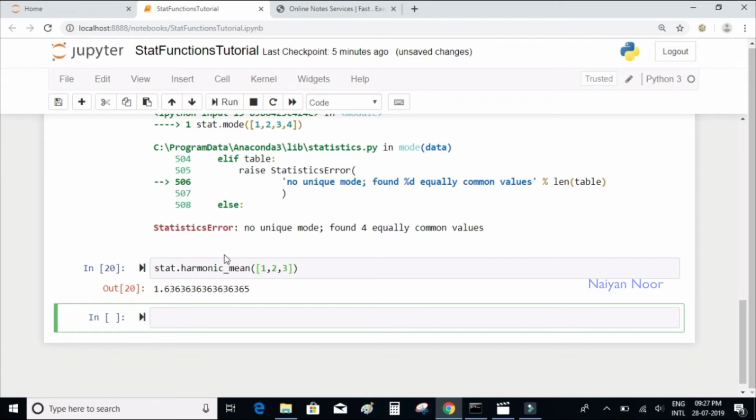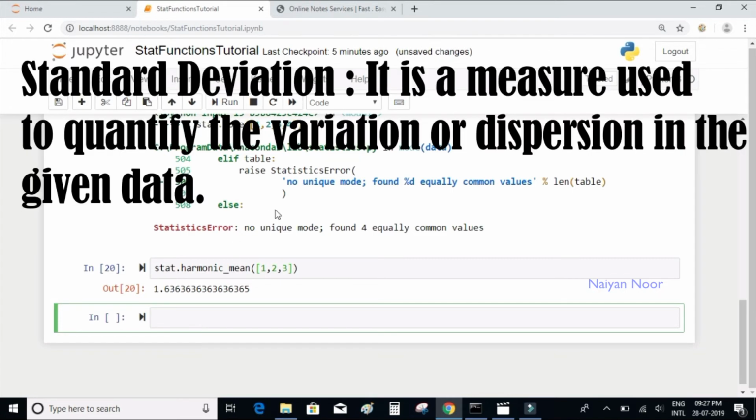Next, let us take a look at the standard deviation function. As per Wikipedia, the standard deviation is a measure that is used to quantify the amount of variation or dispersion of a set of data values. So it basically tells how much variation or dispersion there is in our data.